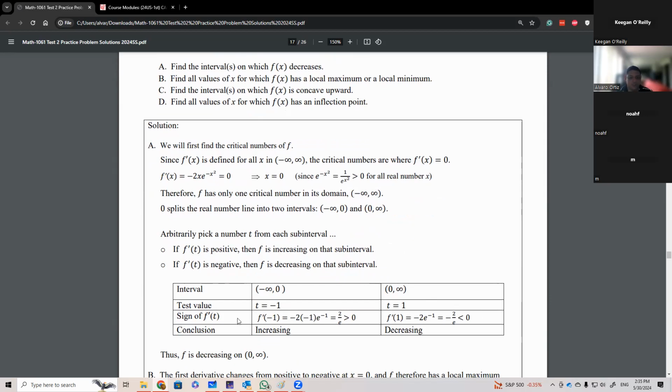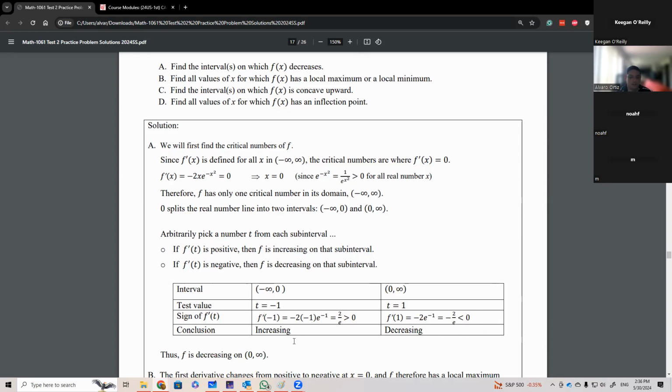So I can plug in now in f prime, plug in minus 1. I can check that's going to be positive. And so because it's positive, it's going to be increasing. And I can see that after, I can pick a number like 1, and it's going to be negative here, minus 2x times e to the minus x squared at 1 produces minus 2 over e, and that's less than 0, so it's decreasing.